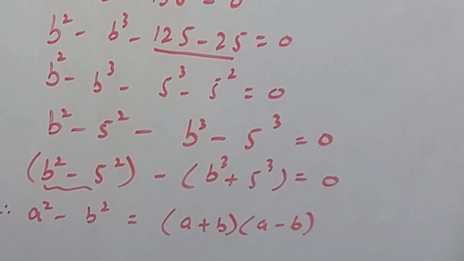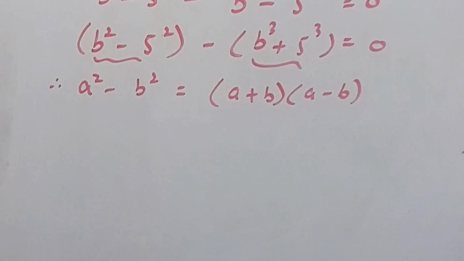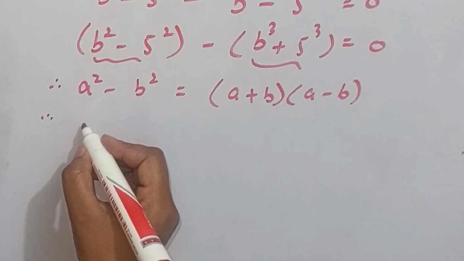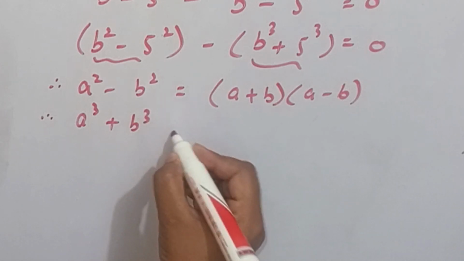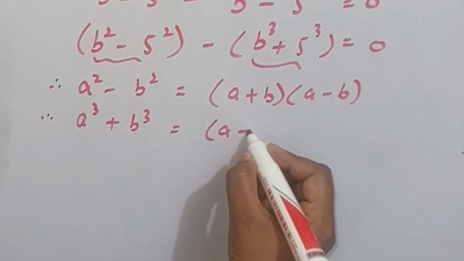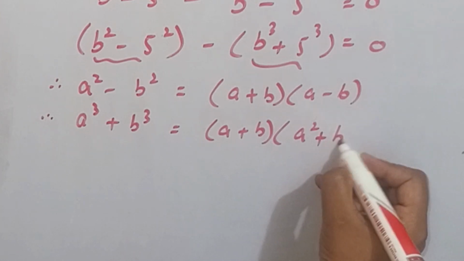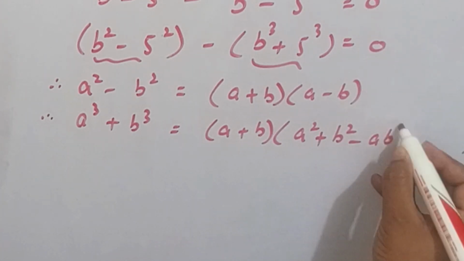And the second identity which we use for this second term, this is a cube plus b cube, which is equal to a plus b multiply a square plus b square minus product of a and b.